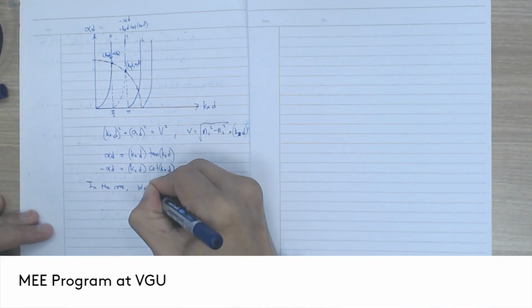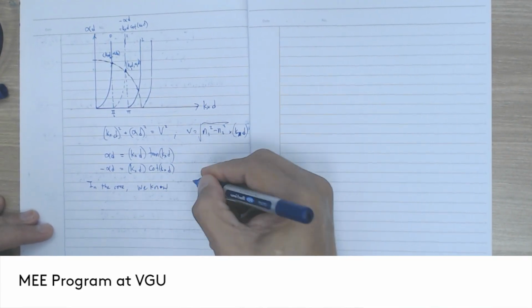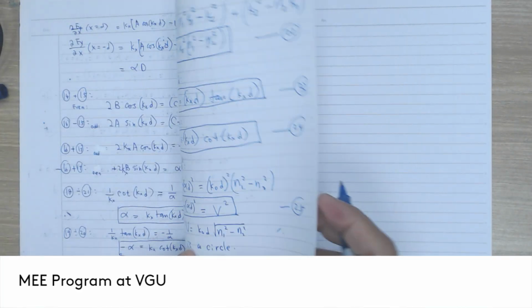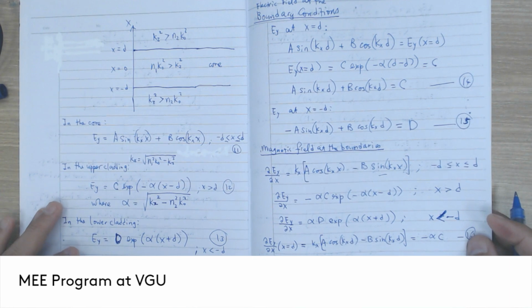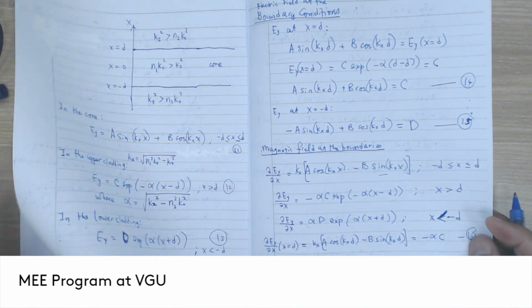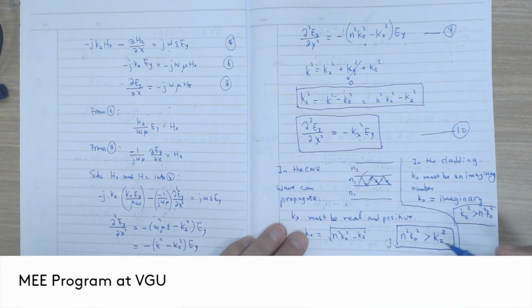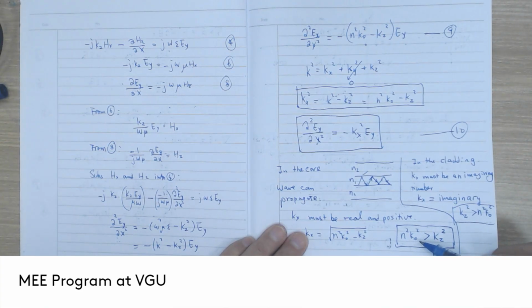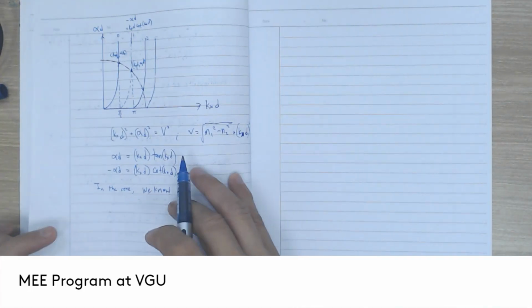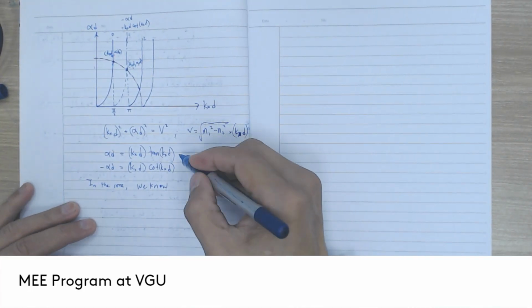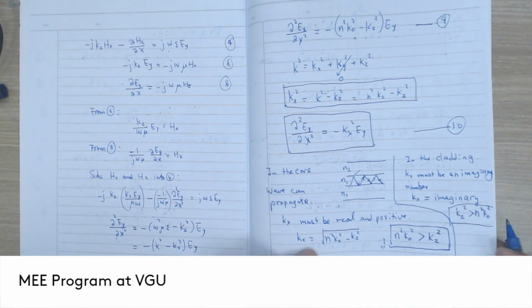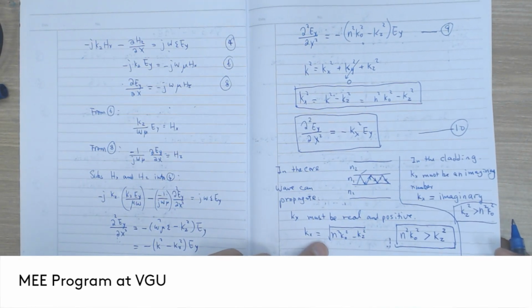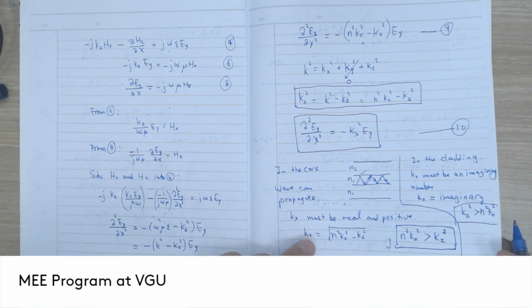So based on the information, before doing anything, we just go back to what we have derived. In the core, we know that k squared is greater than kz squared. So kx must be real.